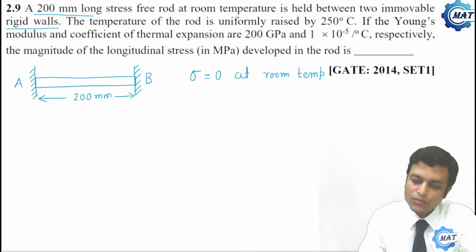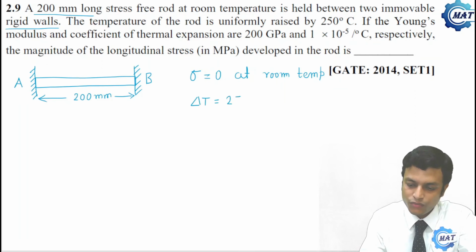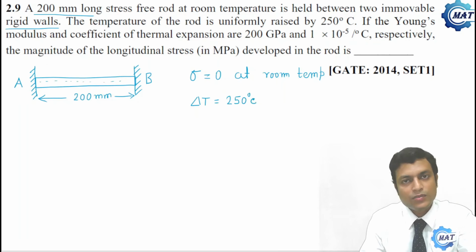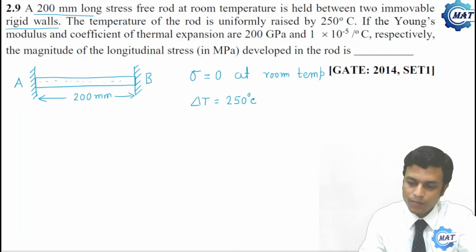The temperature of the rod is uniformly raised by 250 degrees Celsius. That is delta T is 250 degrees Celsius. Uniformly raised, that means all points on the rod have the same temperature rise of 250 degrees Celsius.